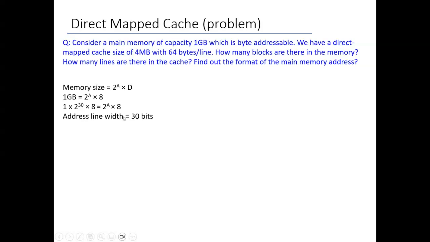Now, what is the address line width in this case? How many bits are required for the address? 30 bits. Okay, how many bytes are there in main memory? Can anyone tell me?